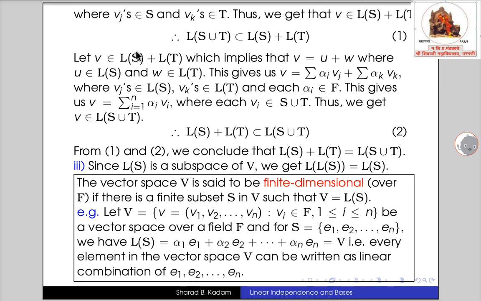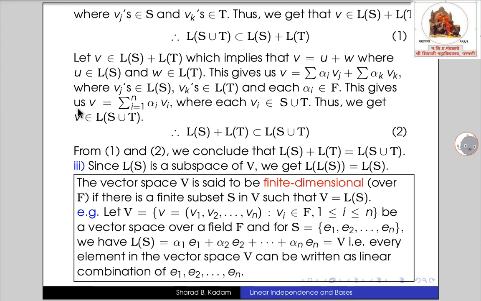Now we consider V to be an arbitrary element in the linear span of S plus the linear span of T. Then this implies that V can be written as the sum of two vectors U and W, where U belongs to the linear span of S and W belongs to the linear span of T. So this gives us V equals the summation of alpha j vj plus the summation of alpha k vk, because since U belongs to L of S, U can be written as a linear combination of some vectors in the set S, and W can be written as a linear combination of some vectors in the set T, and each alpha j, alpha k are scalars.